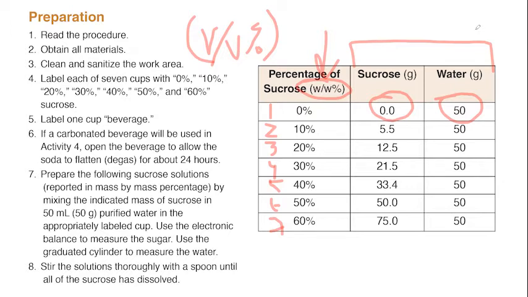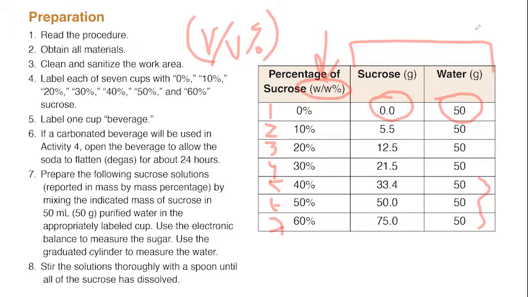So we're going to make each one of these. The last 3 are a little bit tricky because you may have to warm the water in order to get the sucrose to dissolve in it. That's one of the reasons why it was suggested you do not use cold water out of the tap.